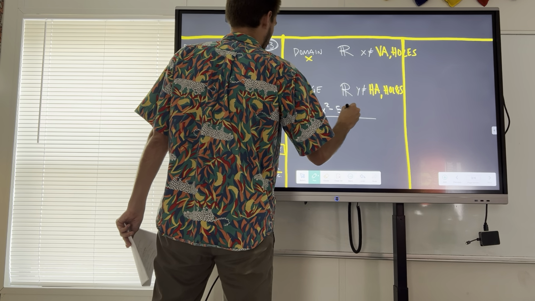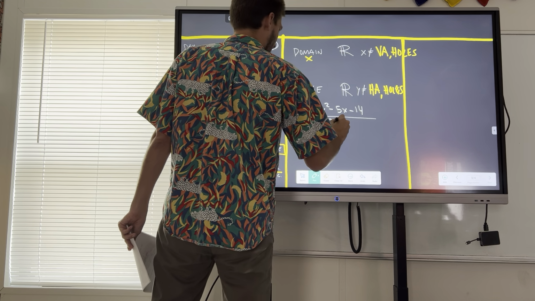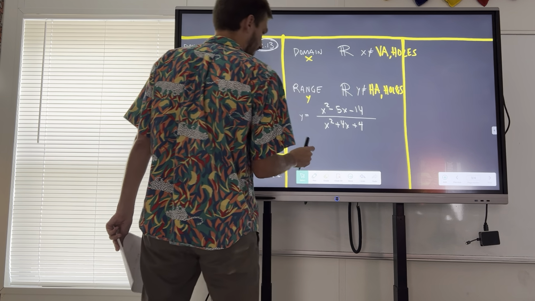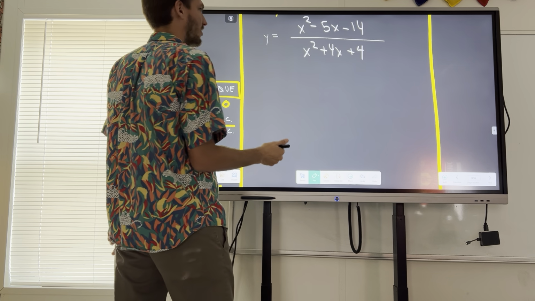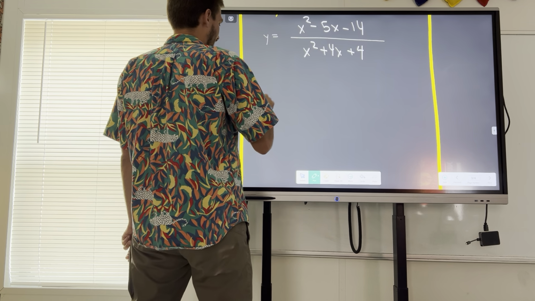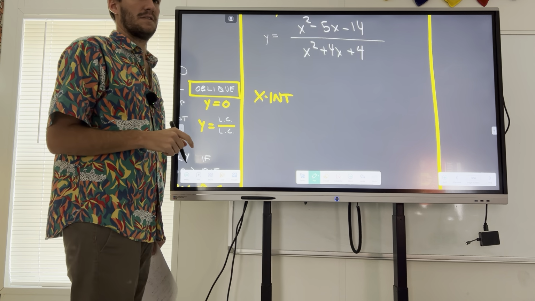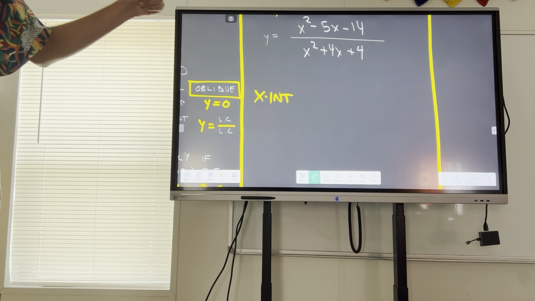X squared minus 5x minus 14 over x squared plus 4x plus 4. All right, let's start listing things. What is the x-intercept? The x-intercept is when the top is equal to 0.